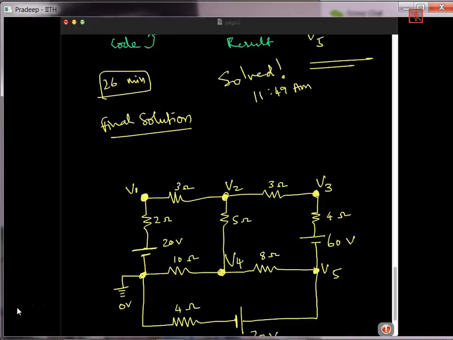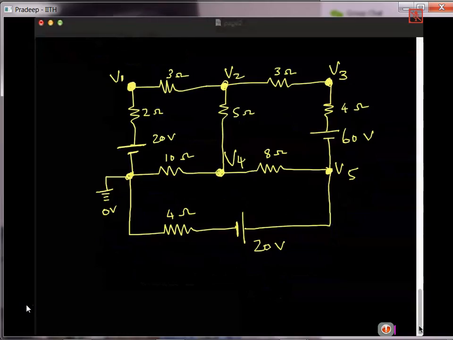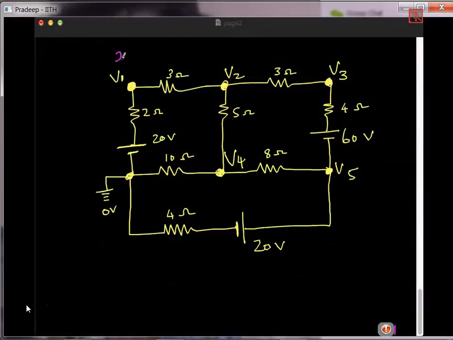So I just wanted to mark the voltages. This is 24.16 volts and the voltage at V2 is 30.4 volts. Voltage at V3 is 45.38 volts.